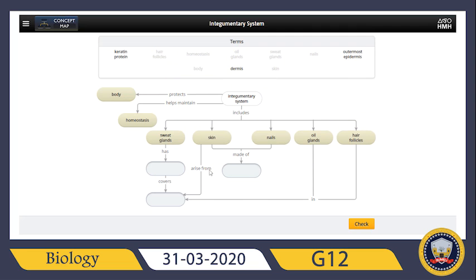Well, is this nails and skin made of what? Keratin protein. Sweat glands has what? Covers what? Is this correct? I don't know. Let's try to solve this.